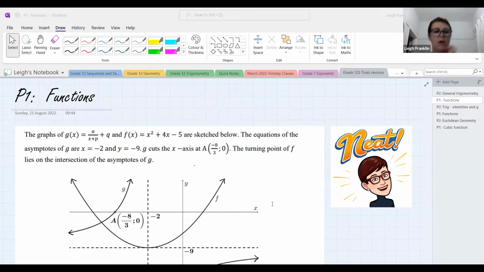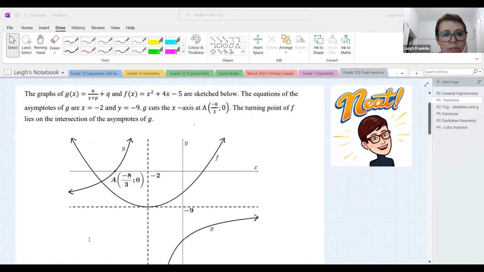So the question says the graphs of g of x equals a over x plus p plus q and f of x equals x squared plus 4x minus 5 are sketched below. The equations of the asymptotes of g are x equals -2 and y equals -9.